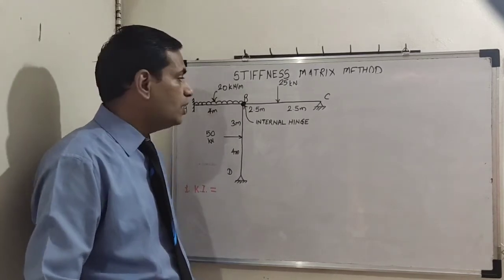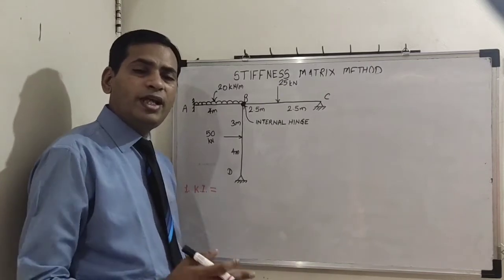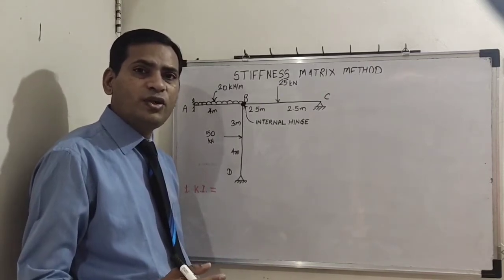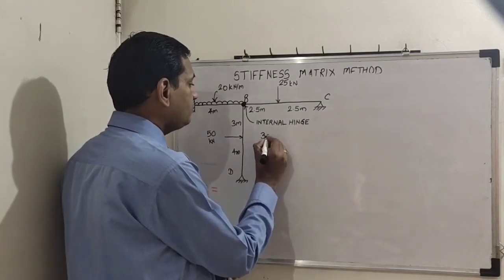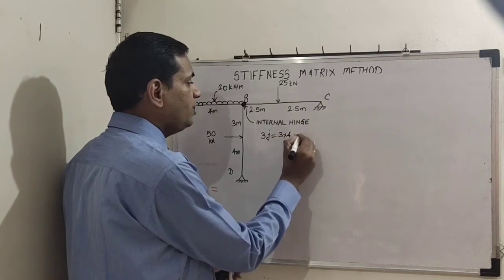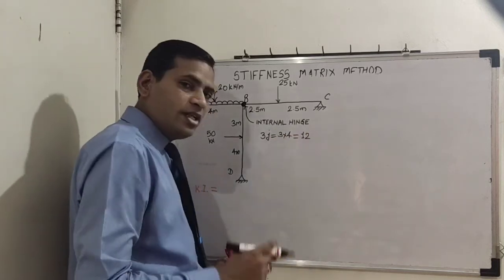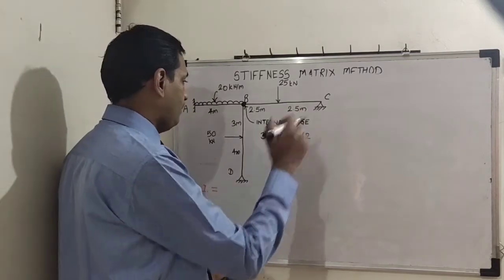If you assume a free joint in space for a beam or frame, then we will have 3 degrees of freedom per joint. So 3J will be 3 into 4. 3 is 3 degrees of freedom, 2 translations, 1 rotation. So 3 into 4, 12.